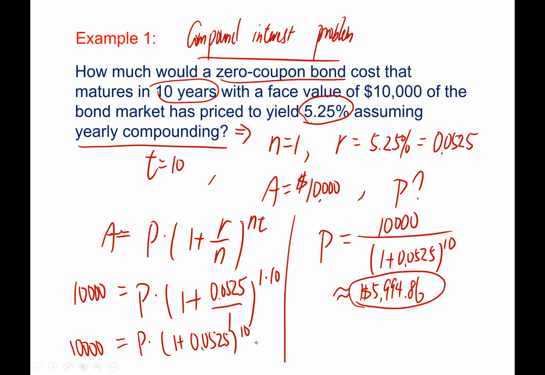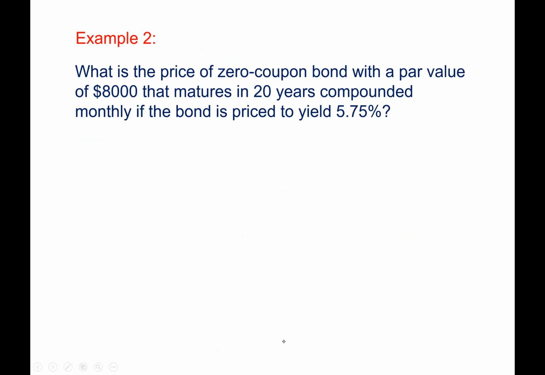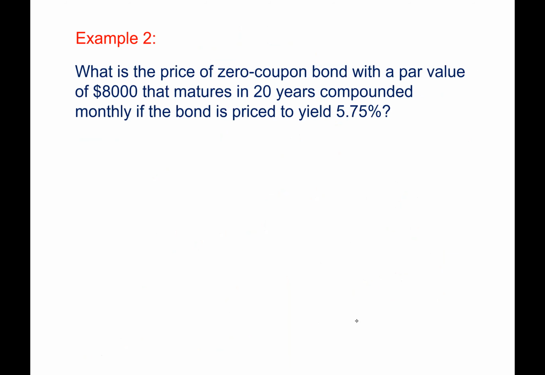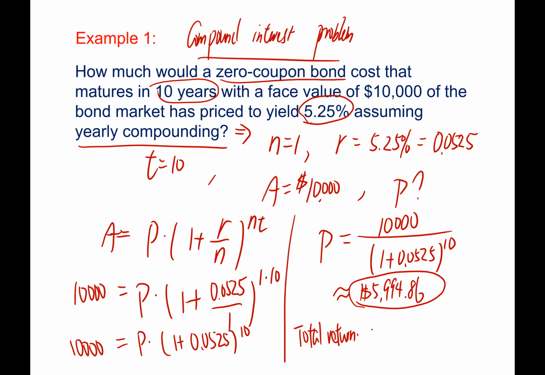And if you want to go one step further, you want to find out how much interest you earn for this investment activity. For investing in this zero coupon bond, you can figure out that as well. So all you have to do is use the face value: the total return on this investment will be $10,000.